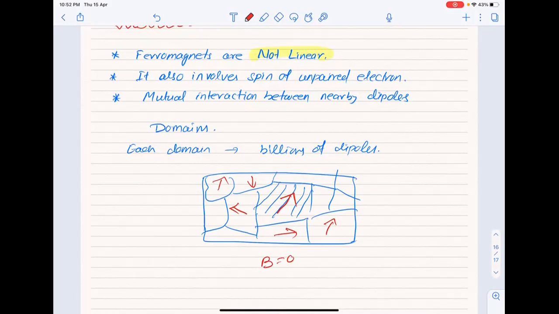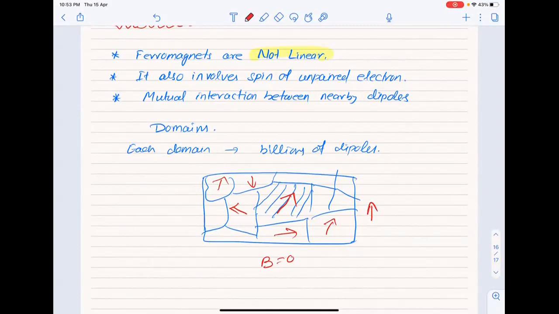Now if you apply the field, it acts on the individual dipoles. Because of the torque, the domain alignment which is nearly parallel to the field will be favored, meaning that is where the torque will be least. Let's say the field is applied along this direction.